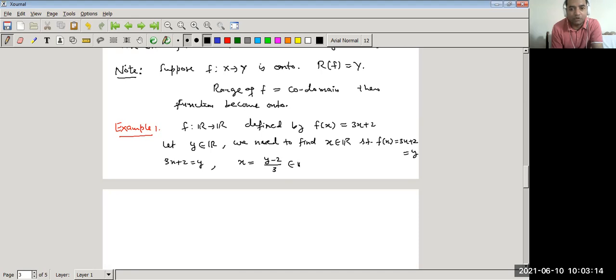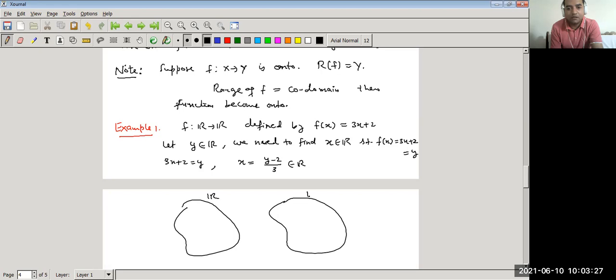This belongs to the domain R. So then you can take any y from the set of real numbers R, this is domain and codomain. f is a function defined by 3x plus 2.